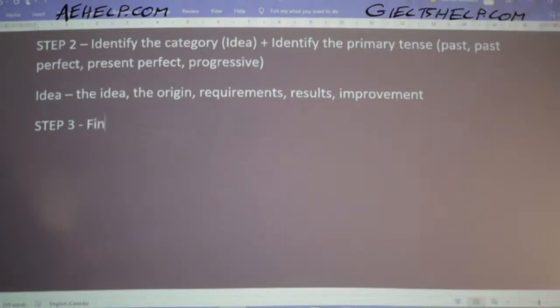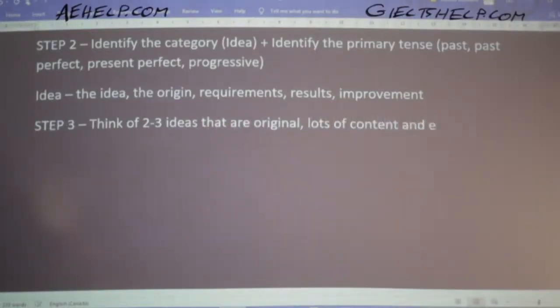And you're right. The third step is think of 2 to 3 ideas that are original, lots of content, and easy to talk about. Okay, I'm going to help you a bit more here.